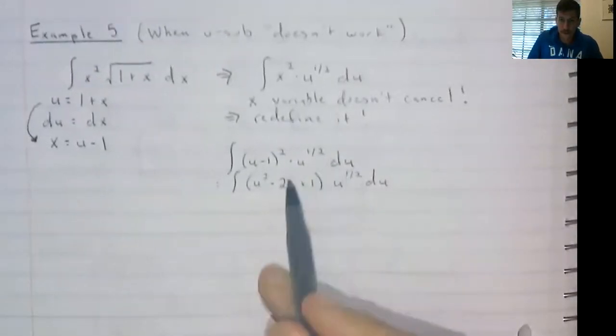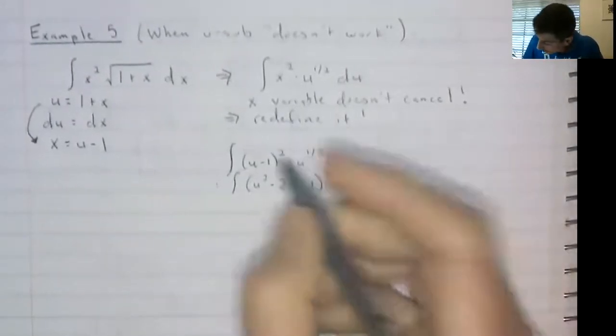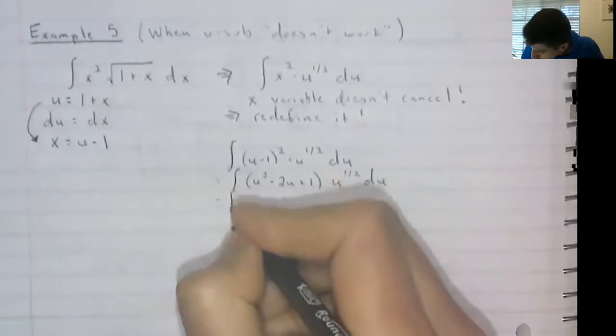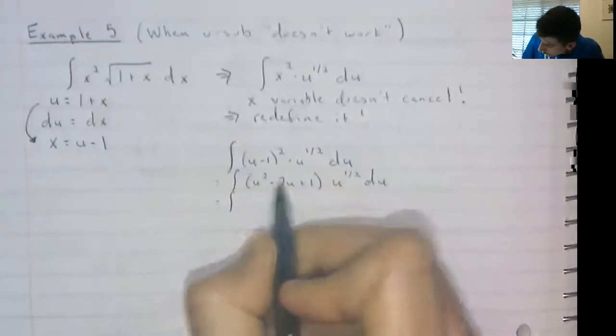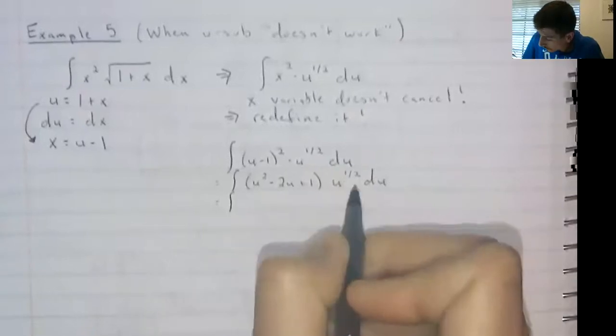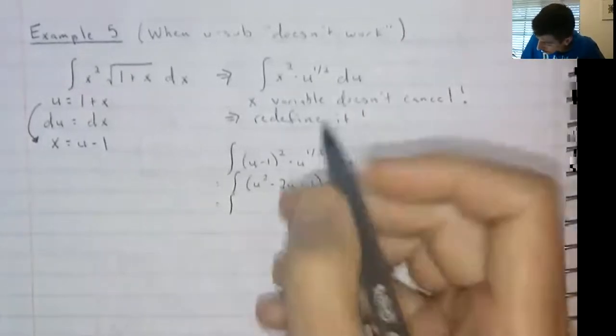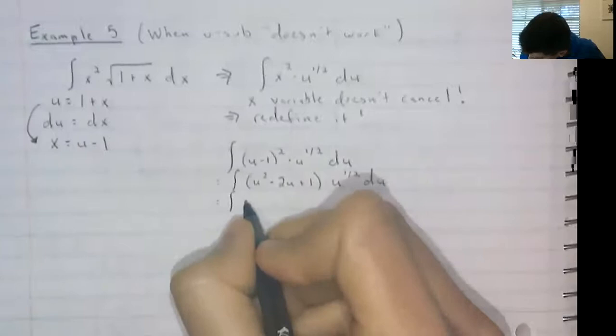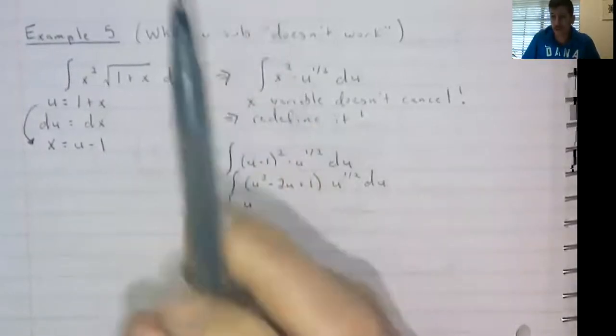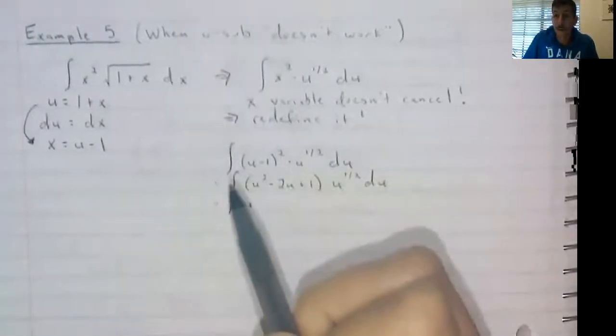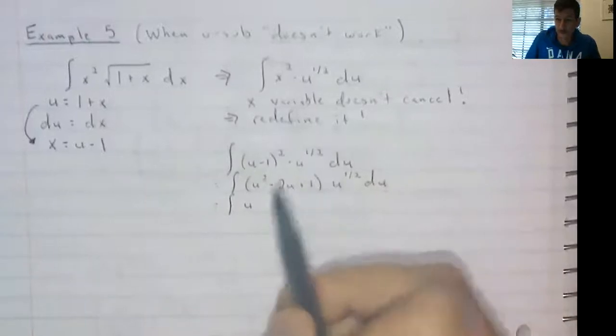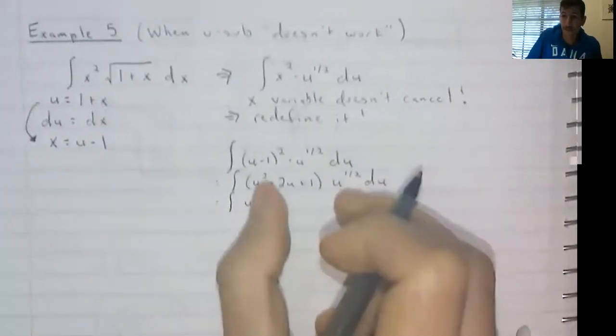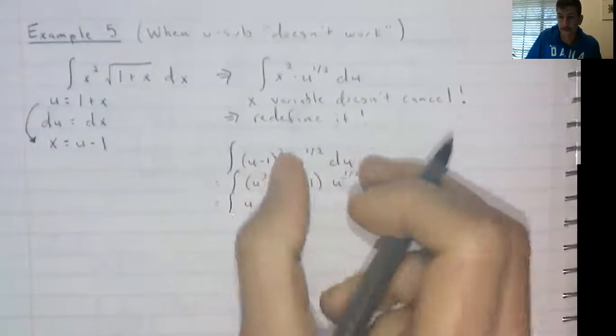Doing this distribution now with the u to the 1/2, we get the antiderivative of u squared times u to the 1/2 is u to the 5/2. That could be a potential oopsie. Remember, when we're multiplying the bases, we add the exponents, okay?